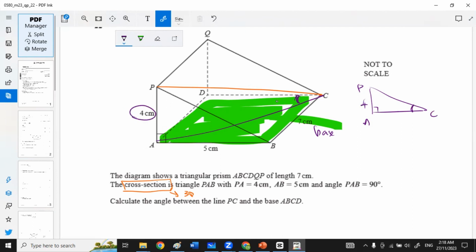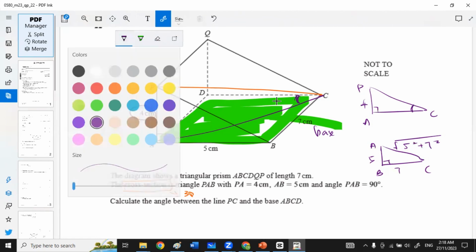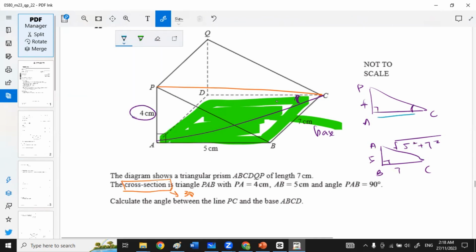AC is unknown. So to find AC, you have another triangle. This is A, B, this is 5, this is 7, this is C. So this you will use Pythagoras theorem, you get 5 square plus 7 square. Therefore, AC is square root of 5 square plus 7 square.